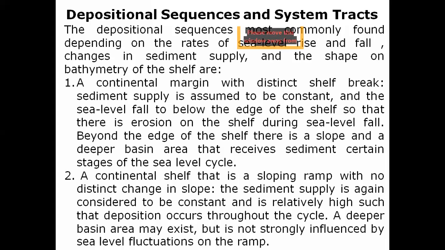So you see, the deeper part of the sea doesn't change with the change in shoreline so much, because a continuous, very small amount of sediment is depositing in the deeper part of the basin. And whenever we see an unconformity in the shelfal part, that unconformity doesn't continue in the deeper part of the basin, because there is always sediment to be deposited, but the rate is very slow.